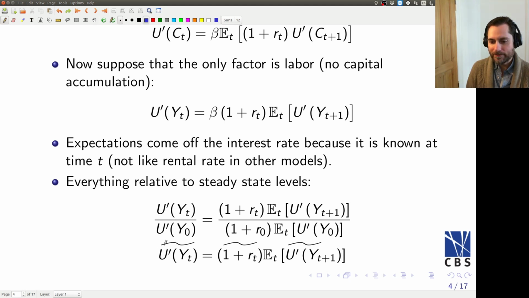Okay, and when I have this big tilde over something in an equation, what I mean is just the output today relative to the steady state value, or in this case, marginal utility of output today relative to marginal utility of the steady state value, if that makes sense.